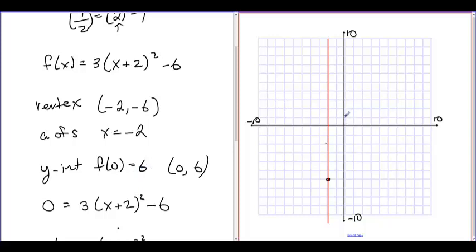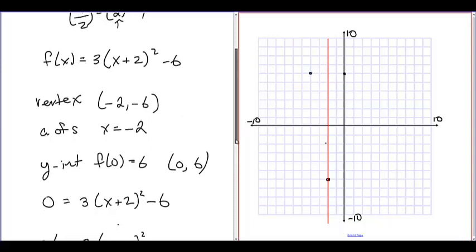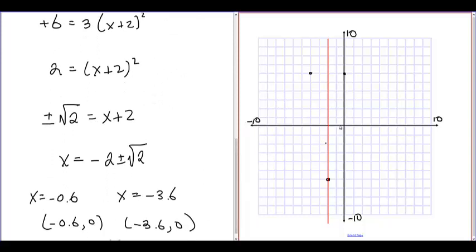So that's 0, 6. 1, 2, 3, 4, 5, 6. There we go. The point that's symmetric. And now the x-intercepts. So we've got negative 0.6, which would be about right here, and negative 3.4. So this is 2, 3, 3.4. And again, this thing's stretched because the coefficient in front of x squared is greater than 1.